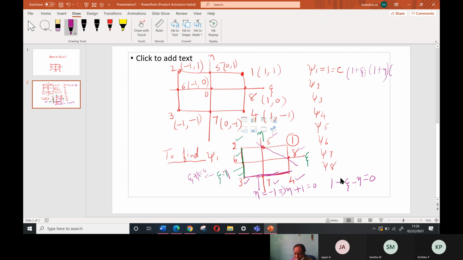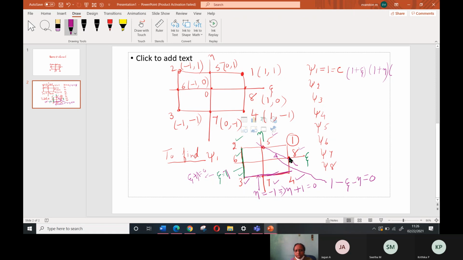That is the equation of the line. If you substitute that one, just check it. At 8, you should get this; this is the equation of this line, what I have written here. Just check it. 1 minus xi minus eta is equal to 0.